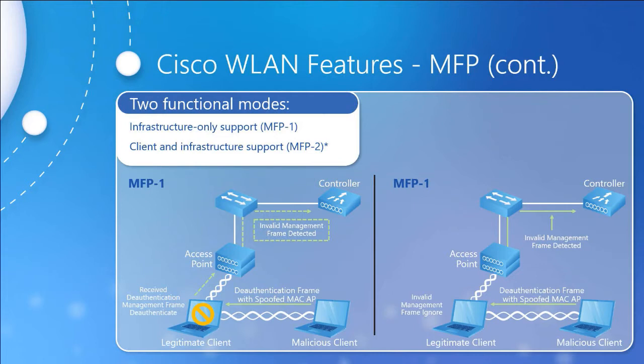Now, the reason I have an asterisk attached to this one is because this particular version is only possible with Cisco Compatible Extensions version 5 clients. This gives both the access points and the clients the ability to take preventative action. Basically, the spoofed frames are simply dropped, but you have to remember that CCX is not installable on every particular type of client device. So that's why most deployments end up using version 1 more so than anything.